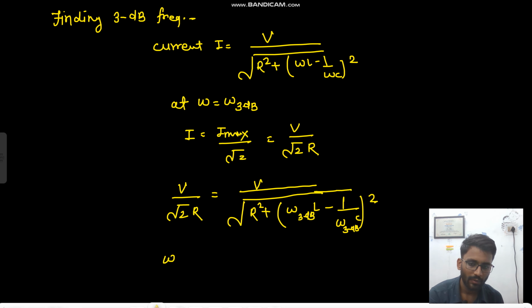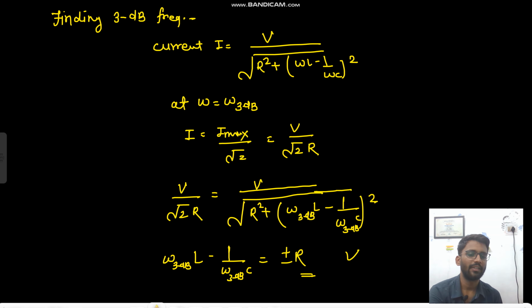So omega 3 dB L minus 1 by omega 3 dB C equals plus or minus R. This is the equation you have.